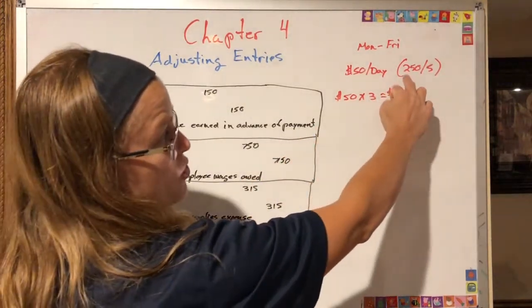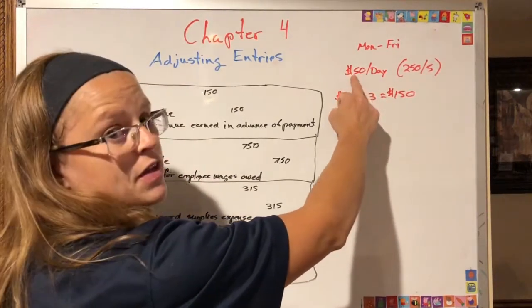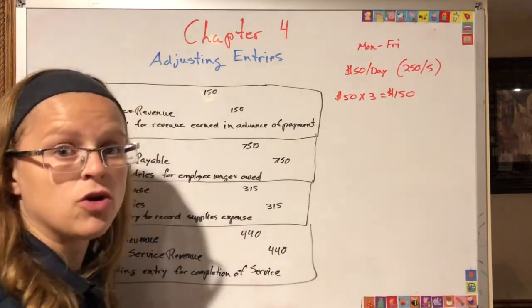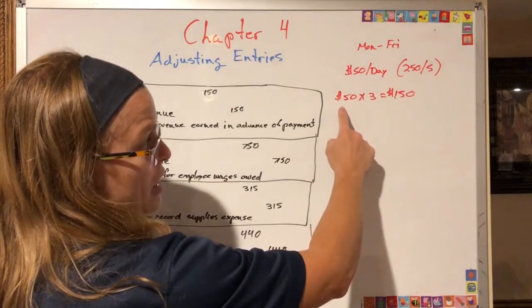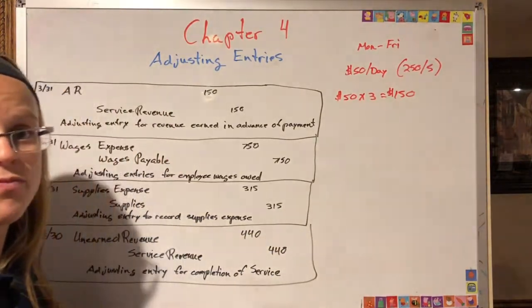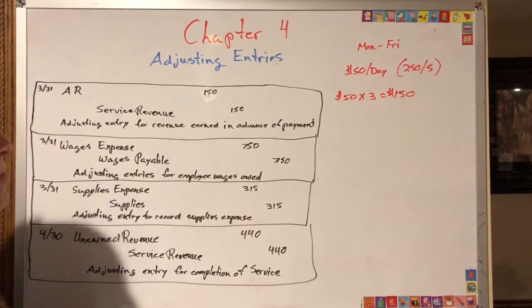So if we divide the 250 divided by 5, it ends up that Anne is charging $50 a day for her camp, and 3 days have been earned thus far. So $50 times 3 is $150. So $150 have been earned thus far. All right?